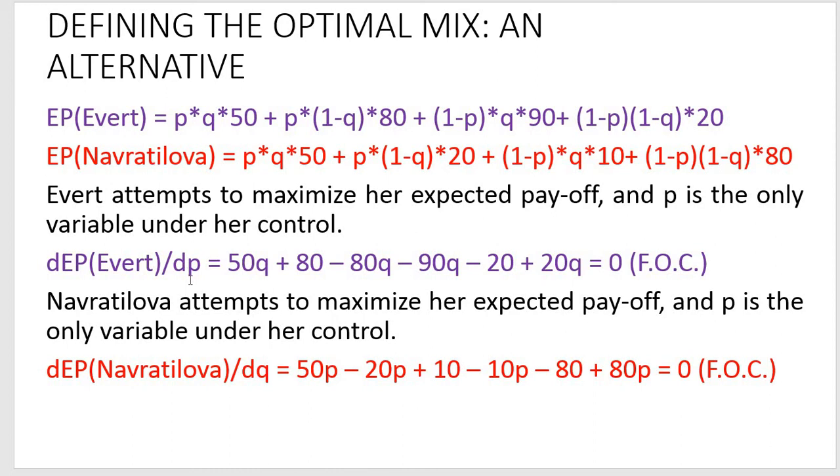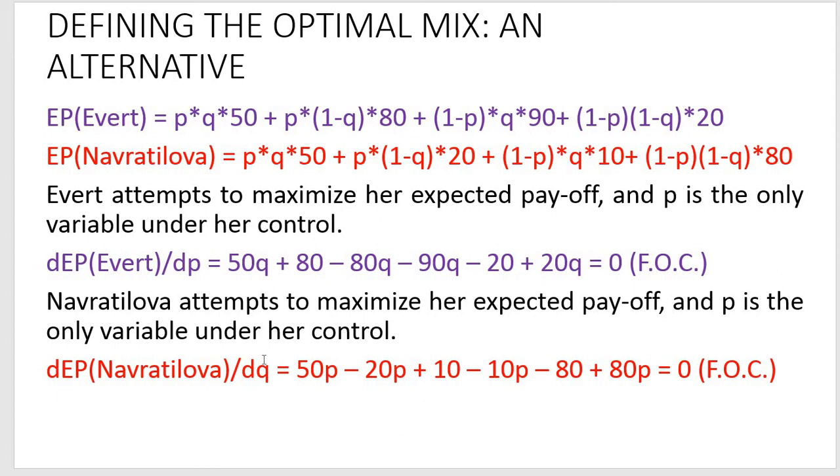Because again, for Evert, q is some exogenous parameter. So she has control only over p, her own probability of choosing DL. That's why you have to differentiate with respect to p. For Navratilova, it's just the opposite. So in this case, you have to differentiate with respect to q, because q is the variable under Navratilova's control.